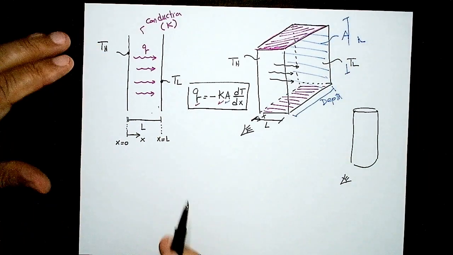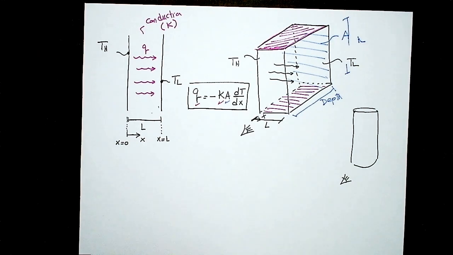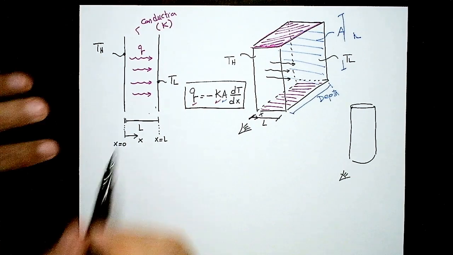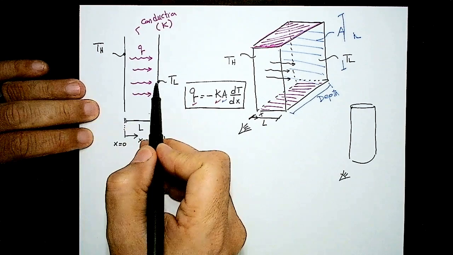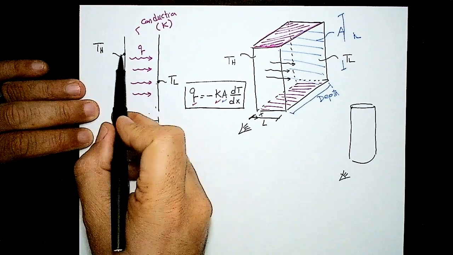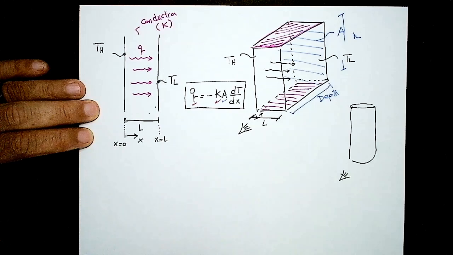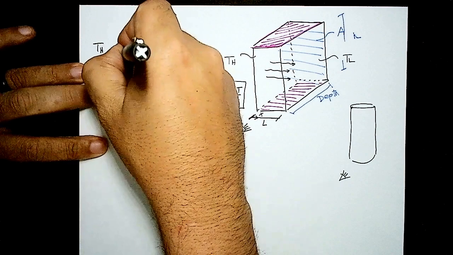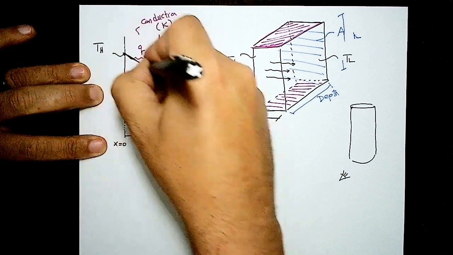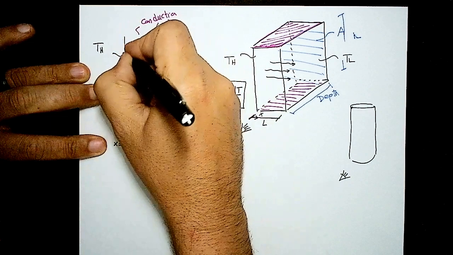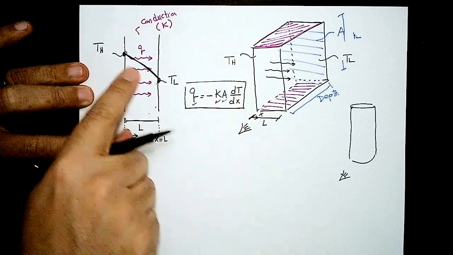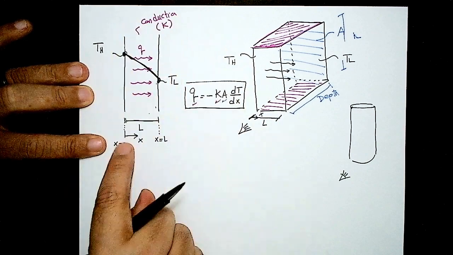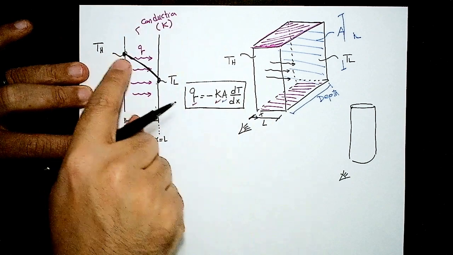Then what's dT by dx? dT by dx is the temperature gradient. It's the first derivative of temperature as a function of x. So my question is, what's happening to the temperature as you go from this face to this face? Temperature goes down, right? This is high temperature, this is low temperature. Now, if I assume temperature will change like this, T is decreasing as x is increasing. x equals 0 for this line, x equals L. So the more you go in the x direction, the temperature goes down.